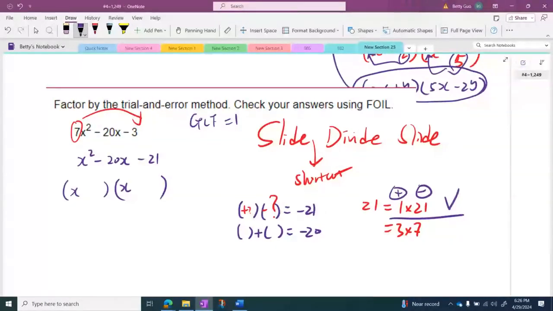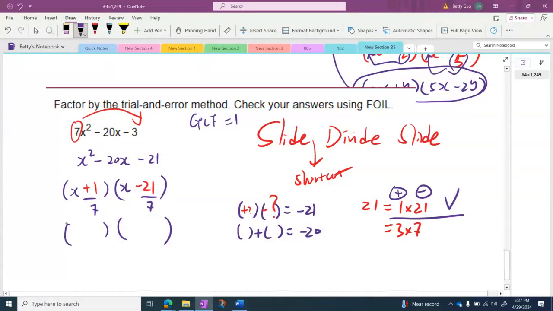Yes, the two numbers are positive 1 and negative 21. They multiply to negative 21, add up to negative 20. And then divide the two numbers in red by the original leading coefficient 7. Right after we divide, remember to simplify. 1 over 7 is already simplified. 21 over 7 is 3, so negative 3.